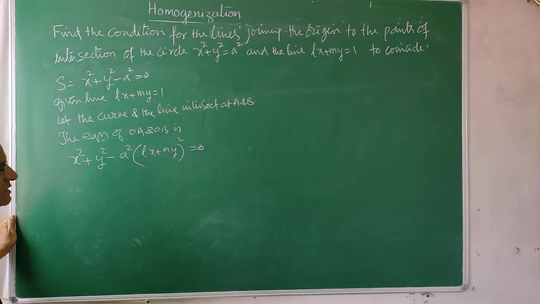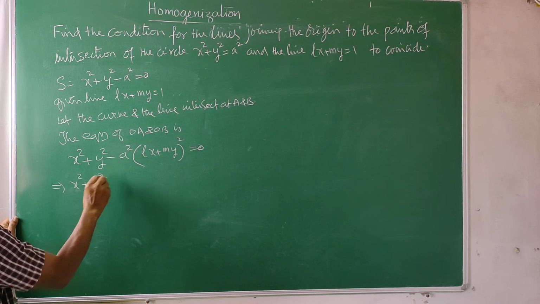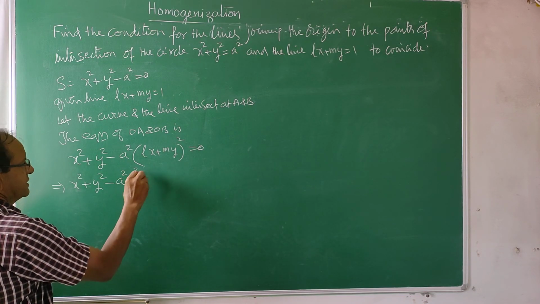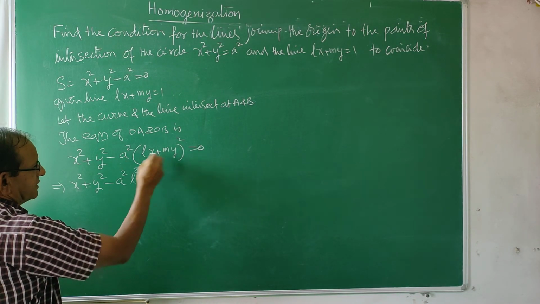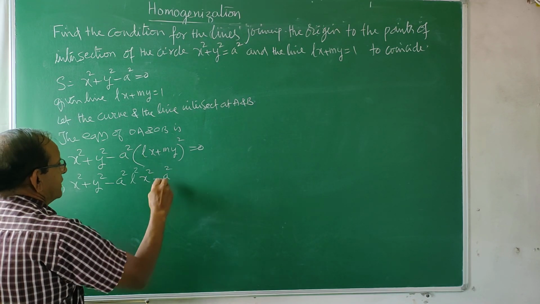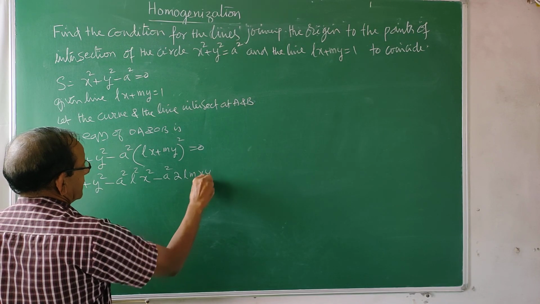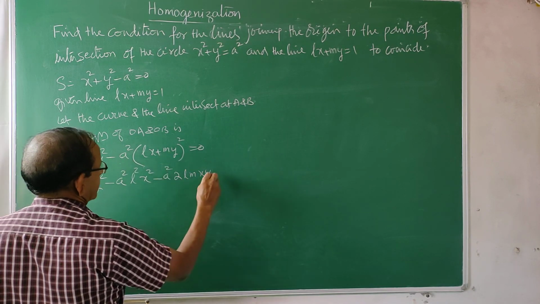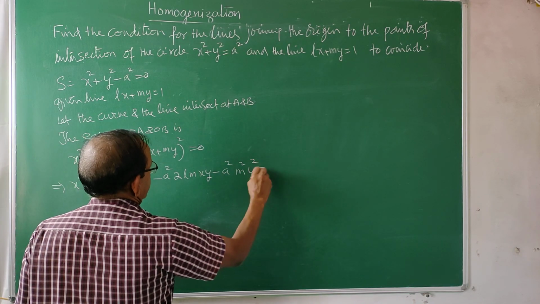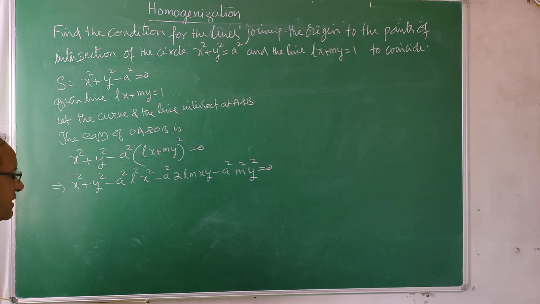Now let us simplify this equation. That implies x square plus y square minus a square L square x square minus 2a square Lm xy minus a square m square y square equal to 0 after expansion and multiplying with minus a square.